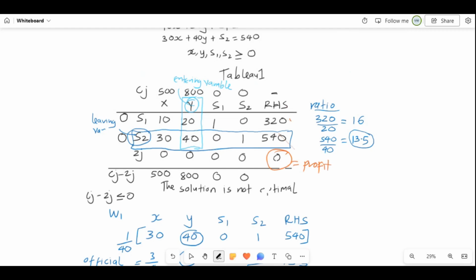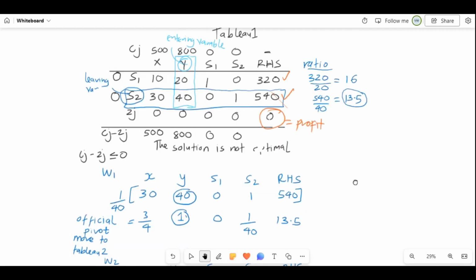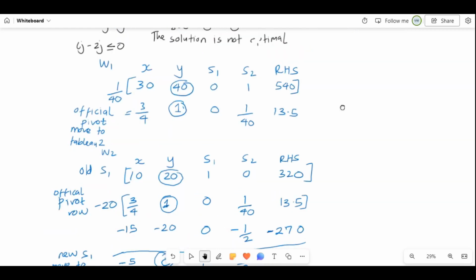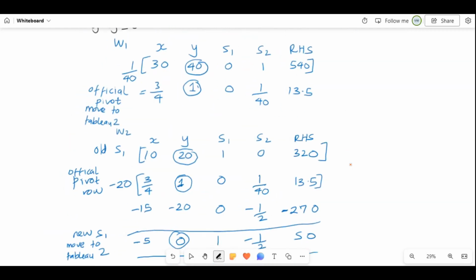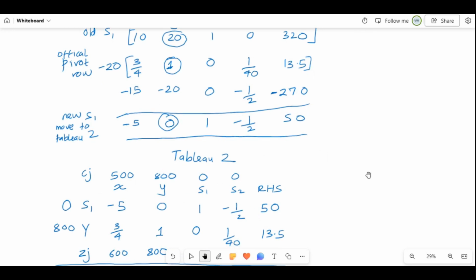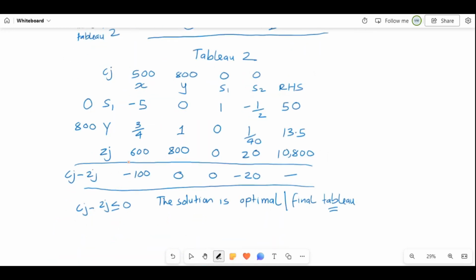The 320 was not utilized and the 540 was not utilized. But now you'll realize that as we switch from table 1 to table 2, the ZJ that represents the profit in the right hand side, this time round, our profit is 10,800.